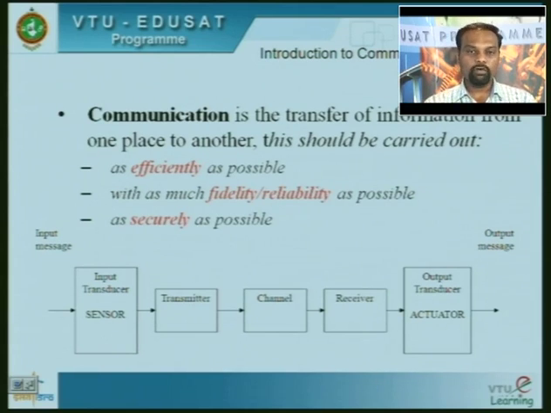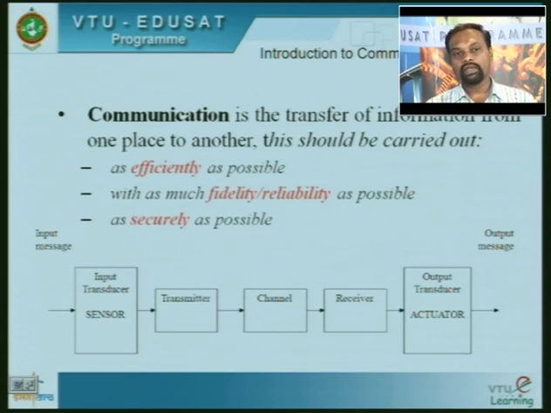The information that we gather from one source, we can transfer from one place to another. As we transfer the information from a source to a destination, it should be efficiently transferred, and it should be reliable, so that the person on the other side understands it as reliable information.